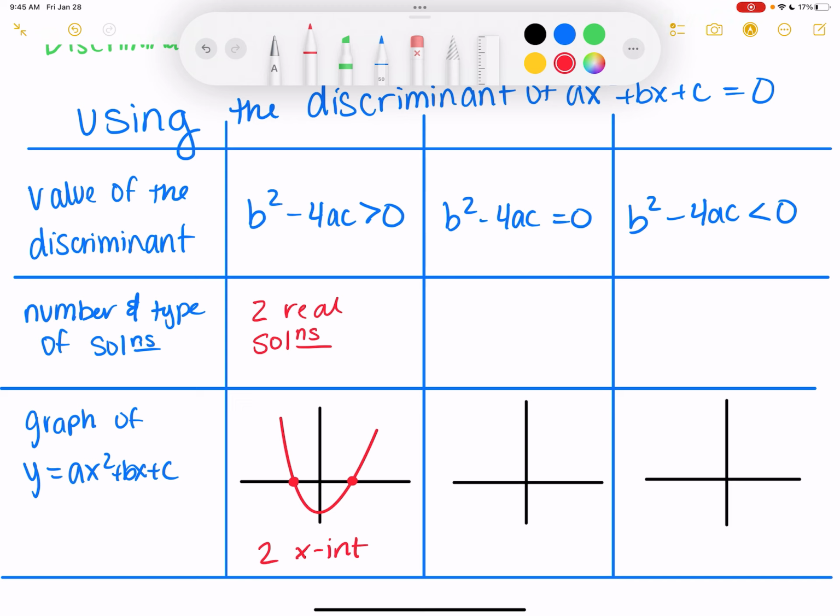If the discriminant is equal to 0, we have 1 real solution. So it hits once, meaning that there is 1 x-intercept.